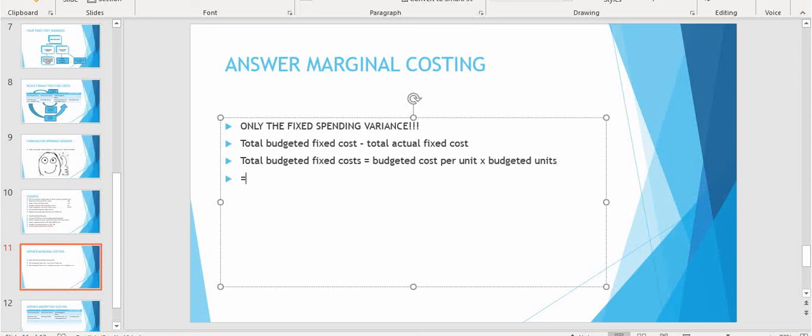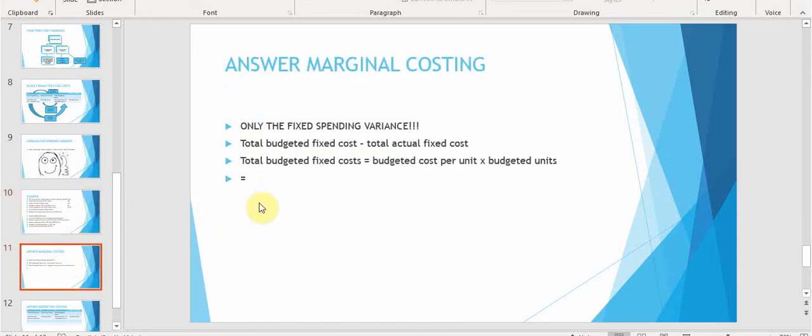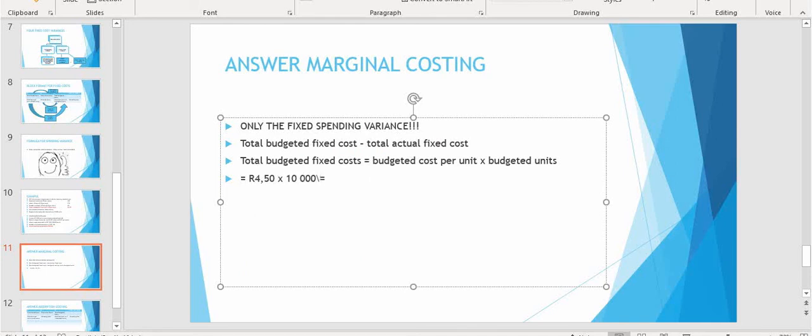So in this instance, the budgeted cost per unit was 4.50 and the budgeted units were 10,000. So it is then 4.50 times 10,000, and that gives us, if my math isn't too bad, 45,000.